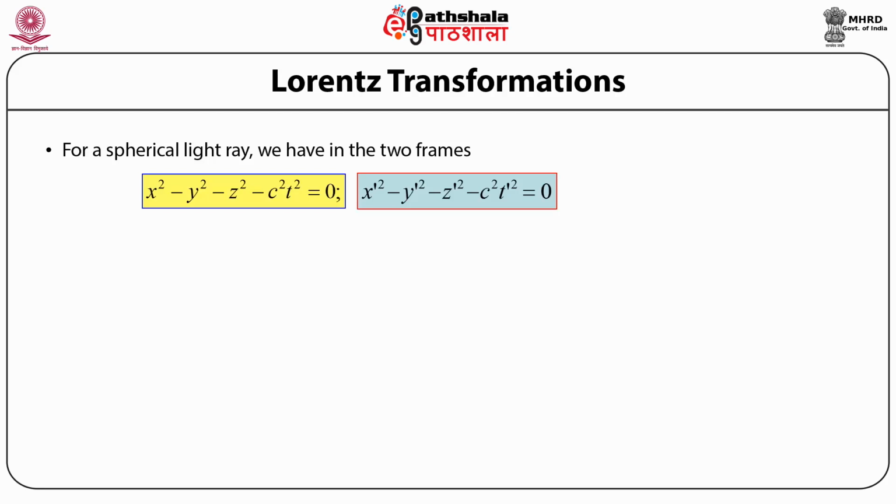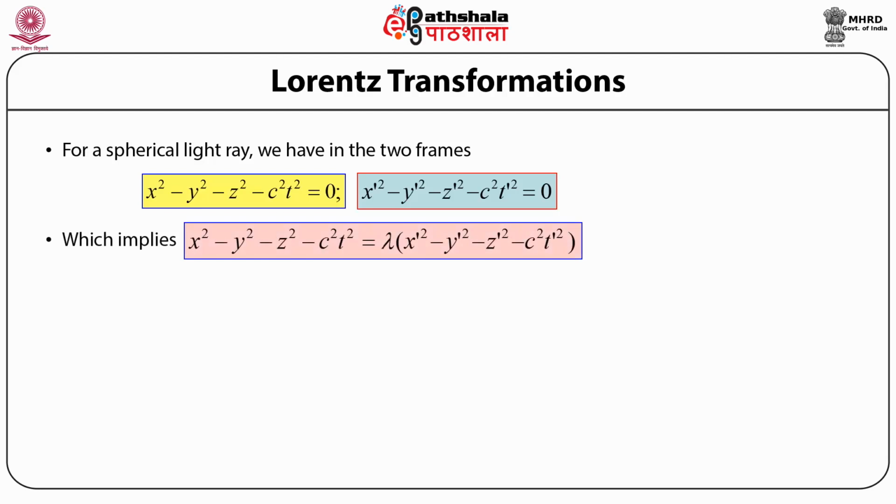So we can establish a kind of equality between the equations obtained in these two different frames of reference: x square minus y square minus z square minus c square times t square is equal to lambda times, bracket open, x prime square minus y prime square minus z prime square minus c square times t prime square, where lambda is a constant which basically relates the two equations discussed above in the two frames of reference.